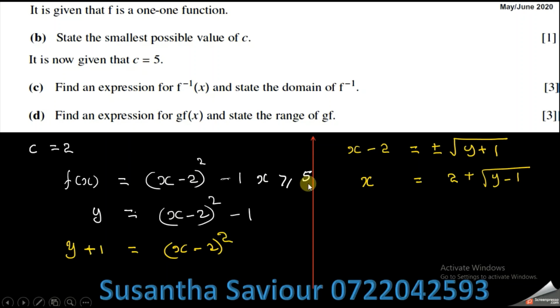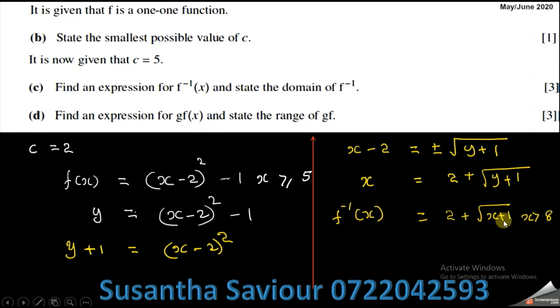Therefore 2 plus, because this domain is x is greater than 5, so this should be something greater than 5. So if you take minus, it will not be, so we have taken plus here. So f inverse x is equal to 2 plus square root of x plus 1, and here x is greater than 8.